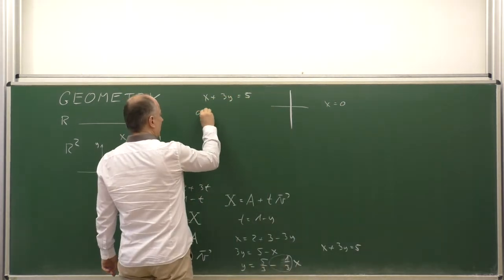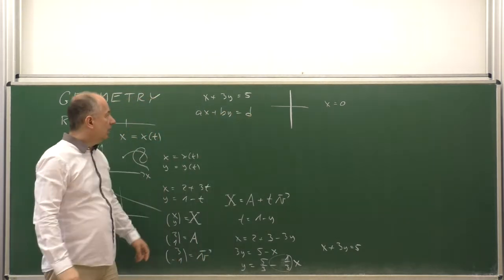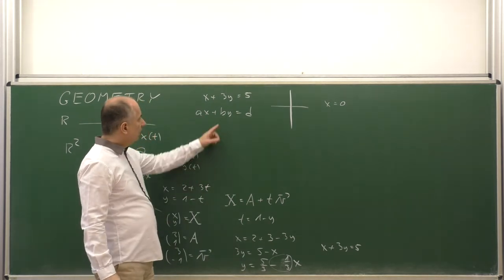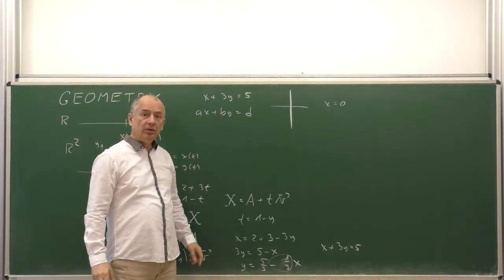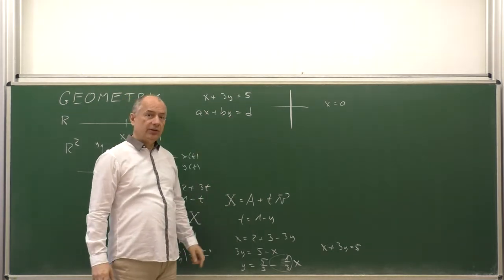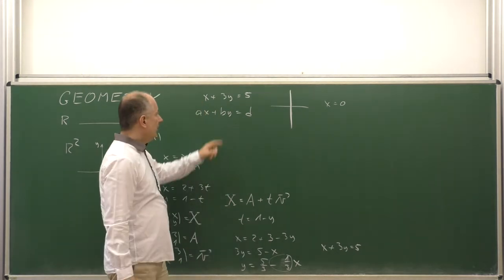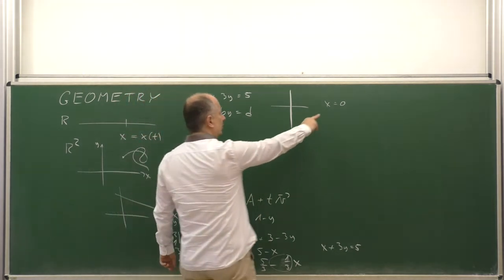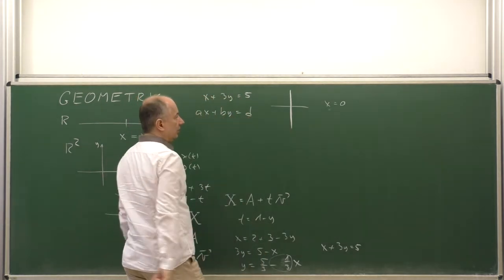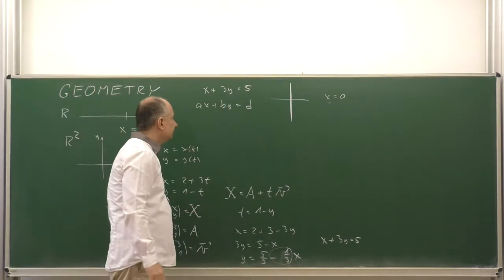If we write it as ax plus by is some number d, then for the slope equation we want b to be non-zero because we want to express y as a function of x. But exactly for lines that are vertical, b is 0. So this corresponds to the case when a is 1, b is 0, d is 0. So this is a special case of the general equation of a line.